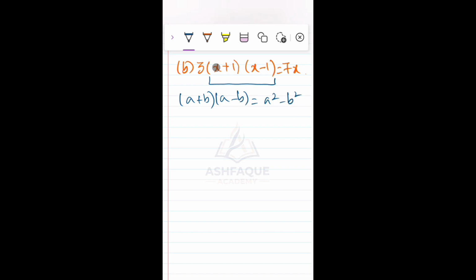So we will replace this equation by a square minus b square form. So it will be 3 into x square minus 1 and 7x. Further it will be 3x square minus 3 is equal to 7x. Further we will rewrite the equation 3x square minus 7x minus 3 is equal to 0.